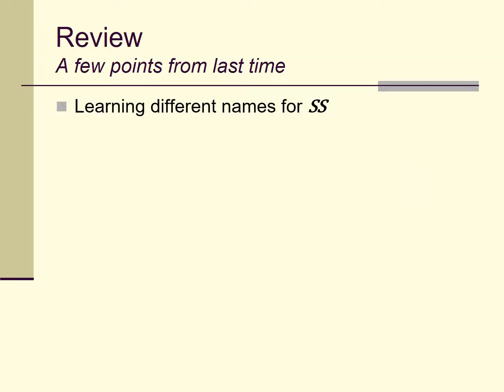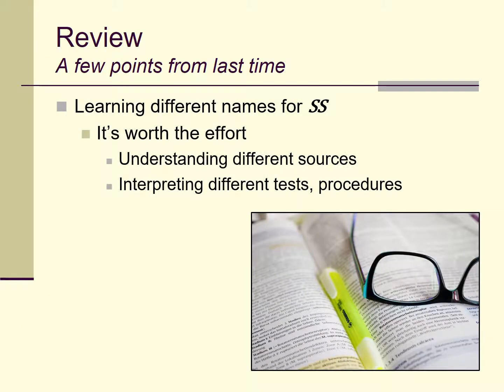I'd argue that it's worth learning these different names for these sums of squares, or becoming familiar with the idea that the sum of squares for the compact model is sometimes called sum of squares sub T or total sum of squares, just because then as you move through this class and through other classes and look at different textbooks, you can more easily flip back and forth between the two.